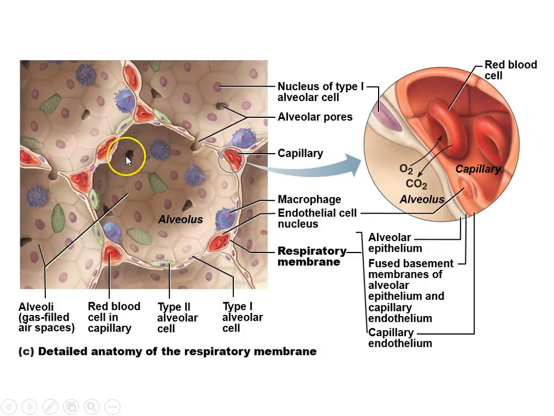So there are the alveolar pores, the type 1 alveolar cells, the type 2 cells, the square ones making surfactant, and the macrophages wandering the surface. And here you can see that single layer of thin cells lining the alveoli and lining the blood vessel, the capillary there, to make this thin surface where gas is diffused through.